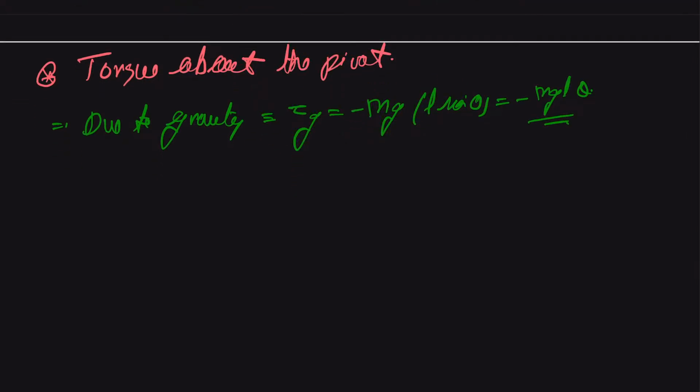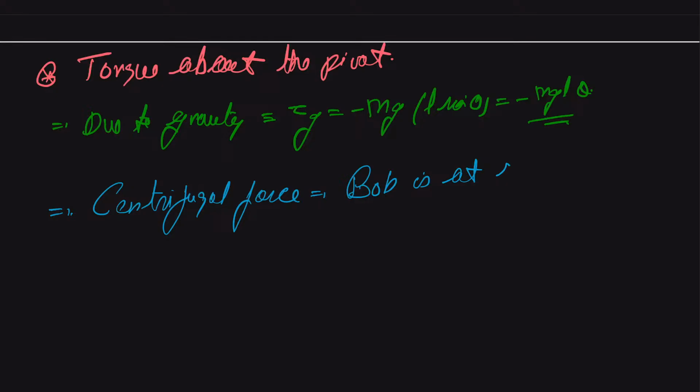Now we come to our centrifugal force. Like I said, the bob is at a distance r, which is L sine of theta, or since theta is small, L times theta, from the axis of rotation.